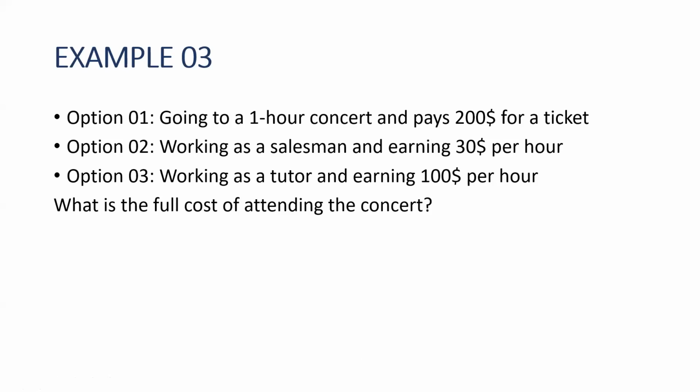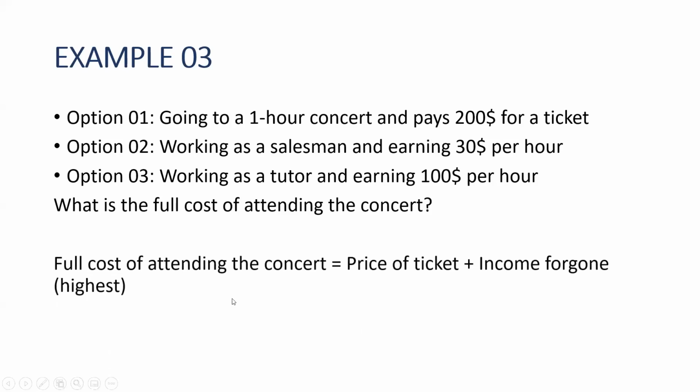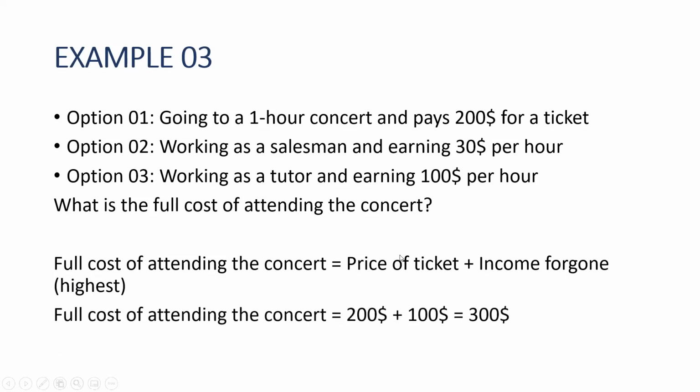So you can see here, the full cost of attending the concert is the price of the ticket and the income foregone. When we are considering the income foregone, we are only considering the highest income foregone. So it should be 200, that is the price of the ticket, plus 100 as the highest income foregone, that is option number 3.